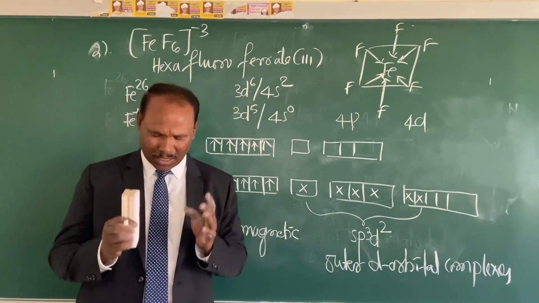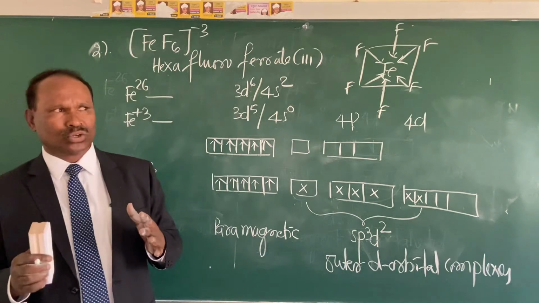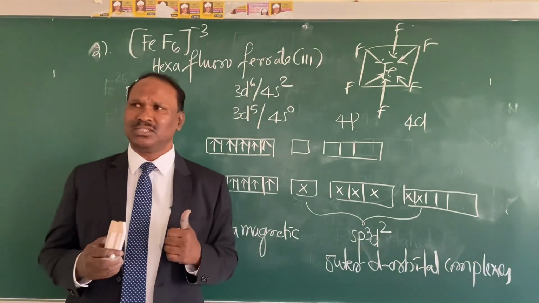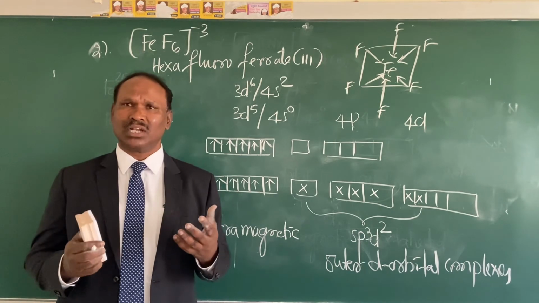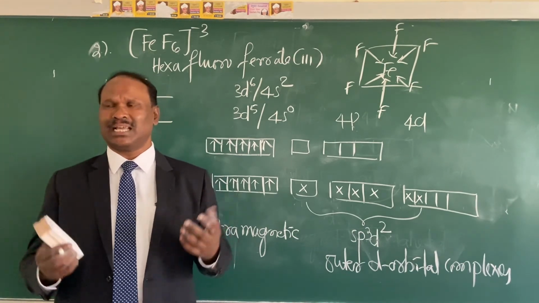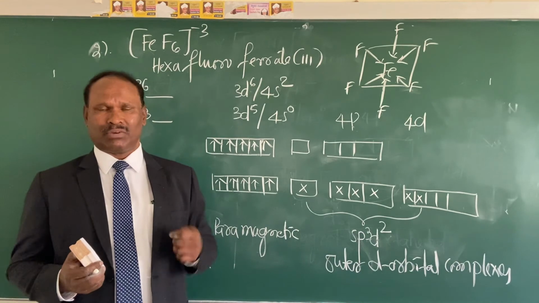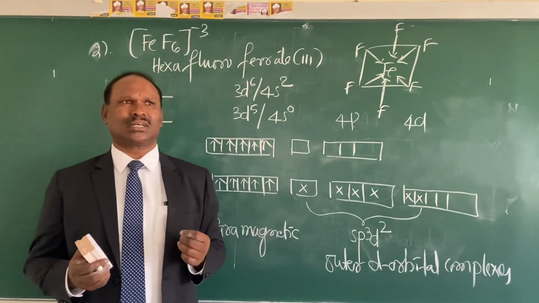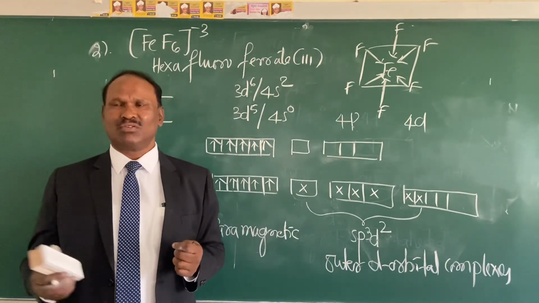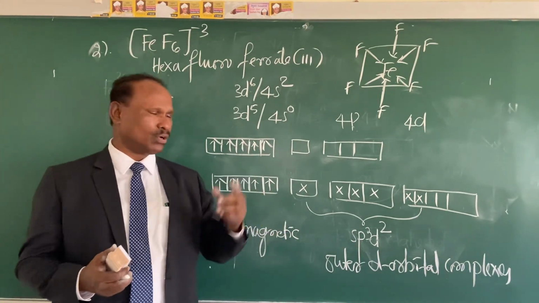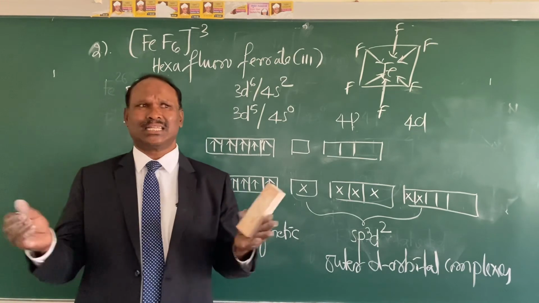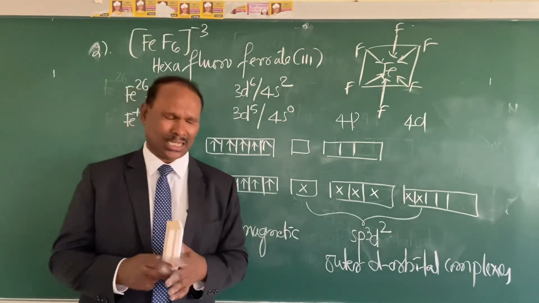So, inner orbital complexes are those complexes which are formed by the use of inner d orbitals, and they involve d2sp3 hybridization. Whereas the outer orbital complexes are formed by the use of outer d orbitals, and they involve sp3d2 hybridization, and you can write the differences that I have said already.